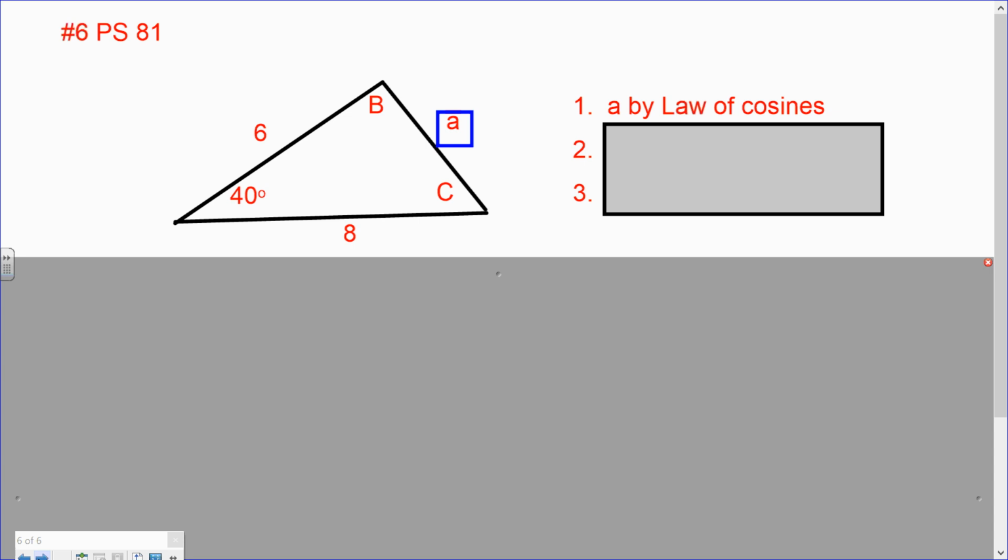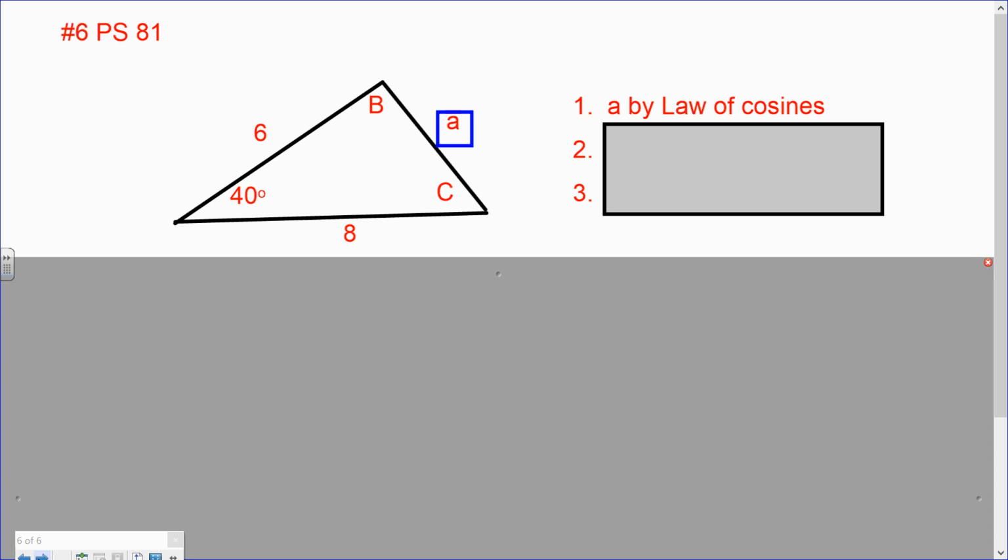I heard some people saying letters. Were you just making guesses, or did you have a reason for those guesses? So Jimmy, what are you thinking? Since B is across along this side, C has to be acute. Okay, let me write down what he was just saying and see if that makes sense to everybody.